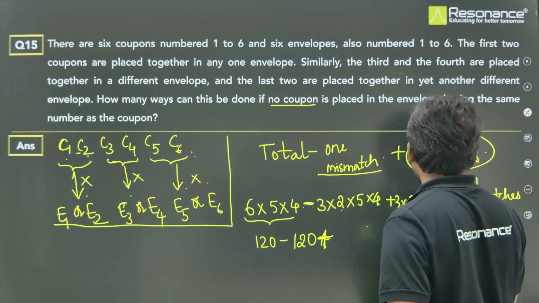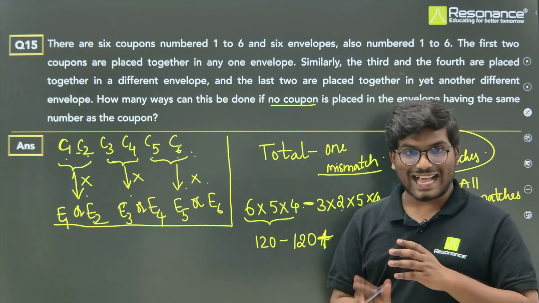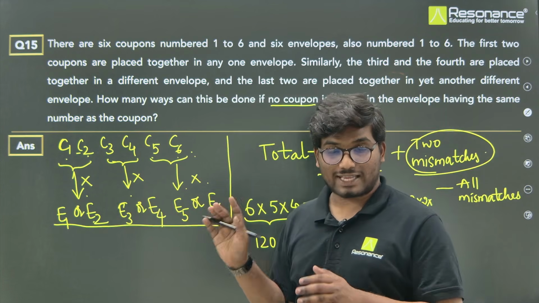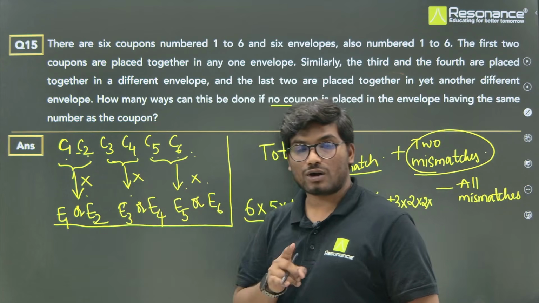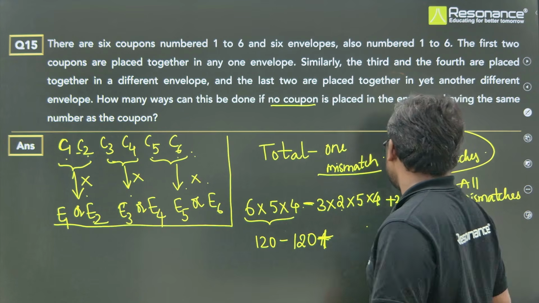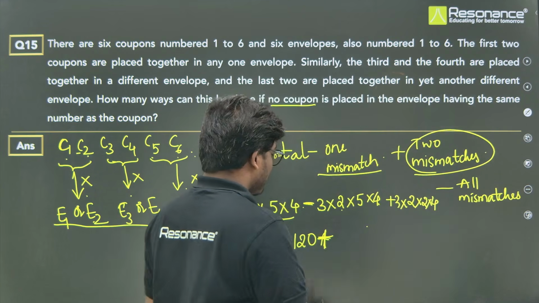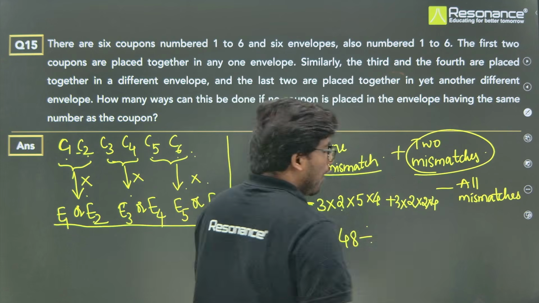Finally, C5 and C6 as an entity can go to any of the remaining envelopes, where 1 is taken here and 1 is taken here. So out of the 6, 4 are remaining. So 4 here, which is 3 times 2 times 2 times 4, 16 times 3, 48.